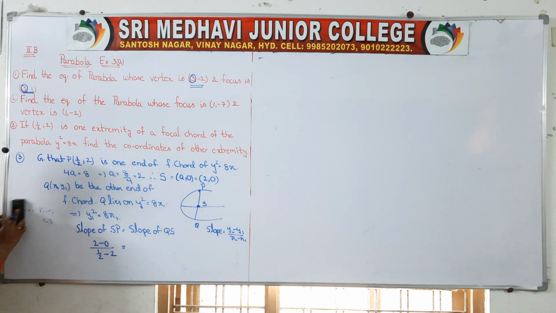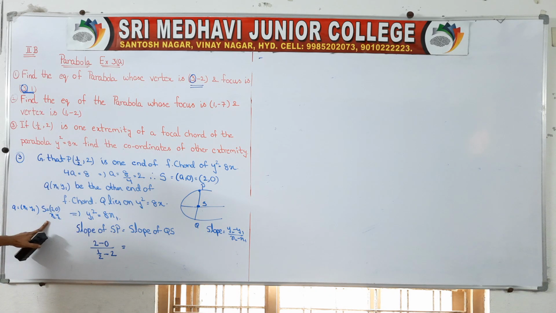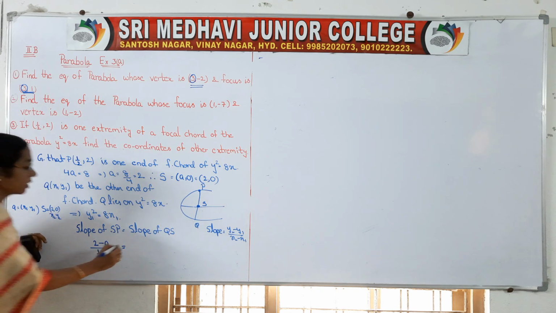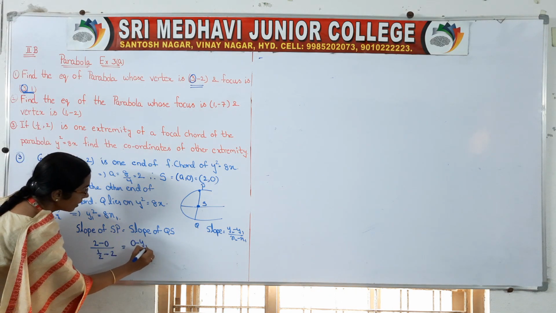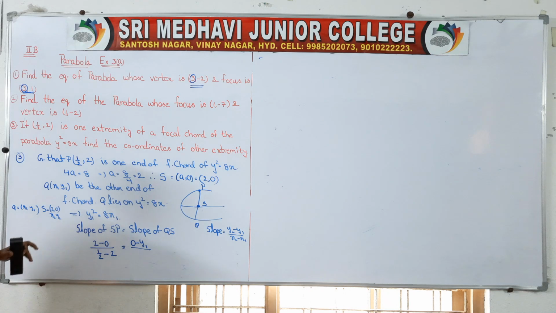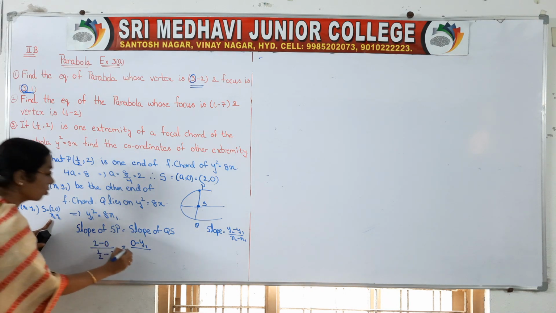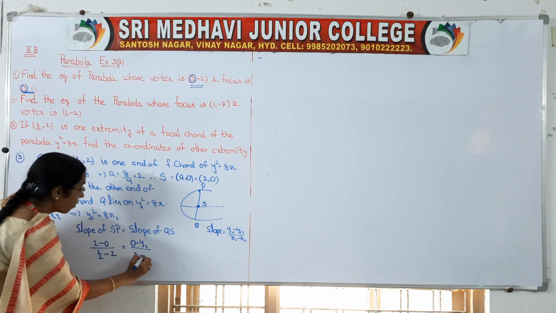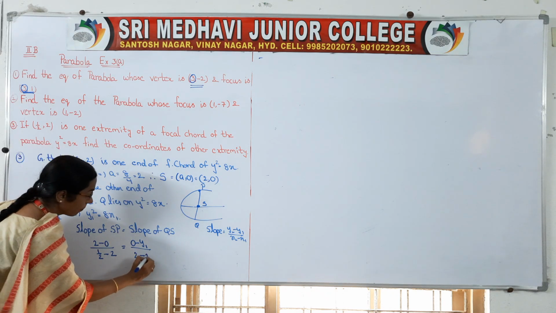Similarly, you take Q as your (x1, y1). And S is (2, 0), you consider this as (x2, y2). So y2 minus y1, that is 0 minus y1, by x2 minus x1, so x2 is 2 minus x1.